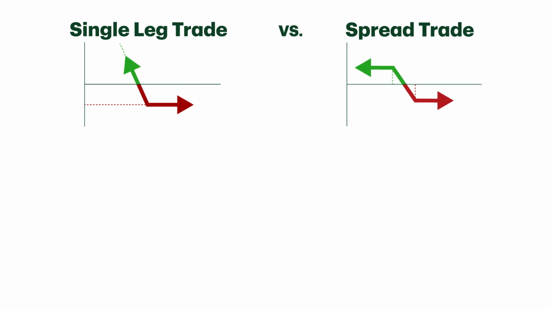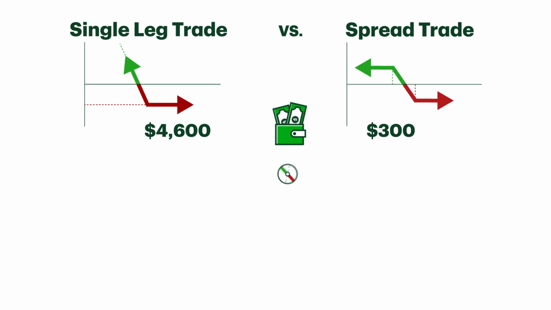Now that we've established the risk and reward for each trade, let's compare them side by side. The single leg trade has a maximum theoretical profit potential of $4,600, but the spread trade is limited to a maximum profit of just $300. That's a huge difference. The break-even point of the single leg trade is $46, compared to the $48 break-even of the spread trade.